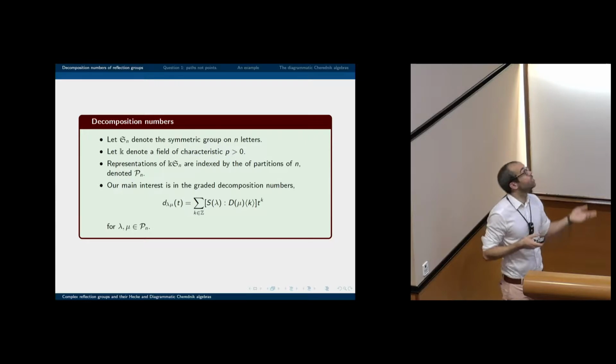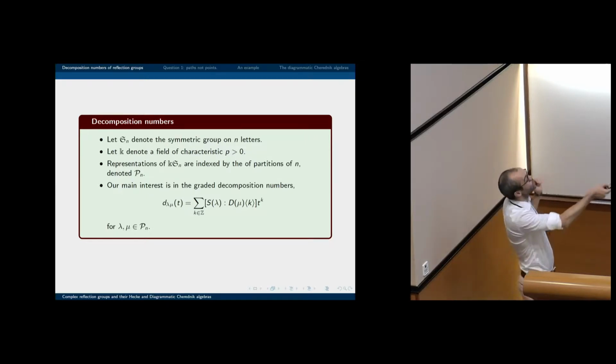Representations are graded, so you can ask what the simple constituents look like, but also keep track of the graded shifts. If you forget this grading, then you just get the regular decomposition numbers.